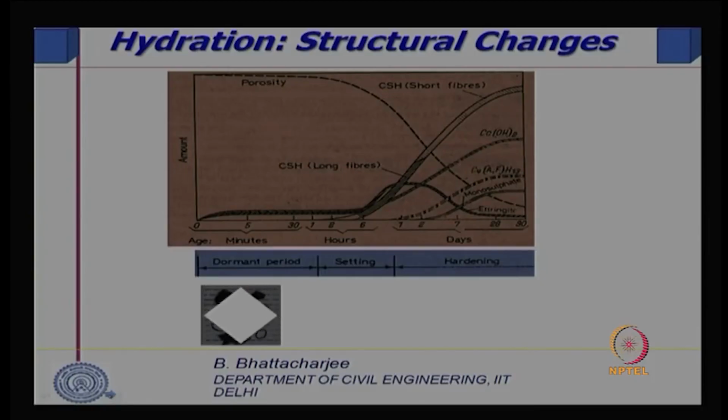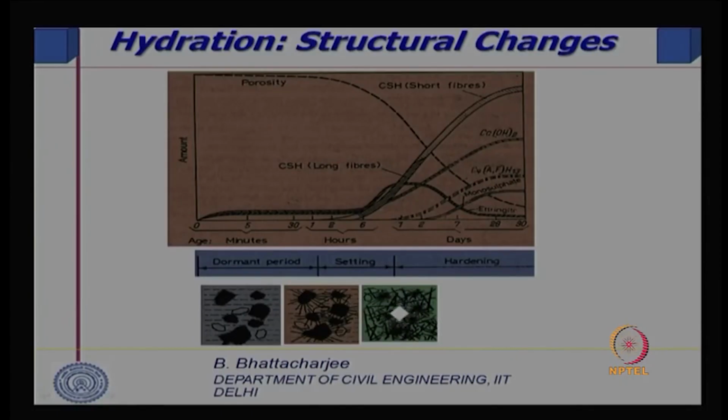If we go back to the same structure, initially it was something like this, particles and water. At the next stage, between the dormant stage and setting, the fibers of CSH have started forming. Precipitates of calcium hydroxide would have started coming out after that, and a lot of these fibers and solid would have formed, and lastly the hardened structure would look something like this.